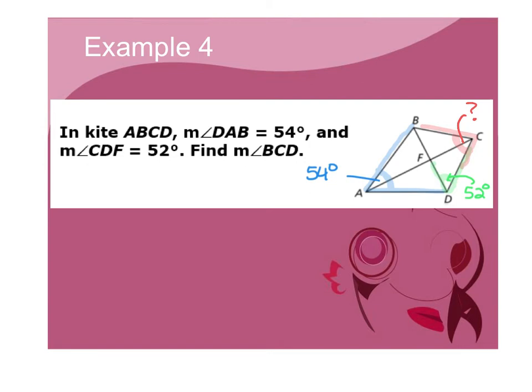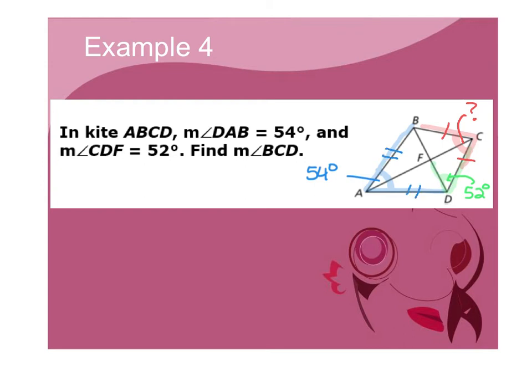So let's go back through and figure out what we have going on. We know that a kite only has one pair of congruent angles. Because I know that a kite has consecutive sides that are congruent, I know that this side is congruent to this side, and I also know this side is congruent to this side.